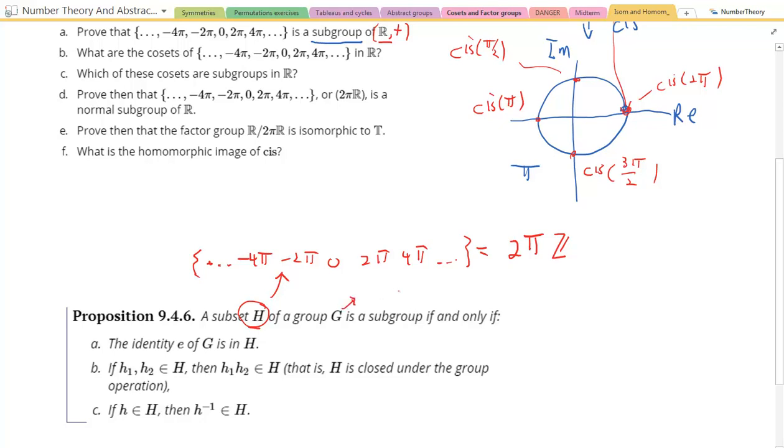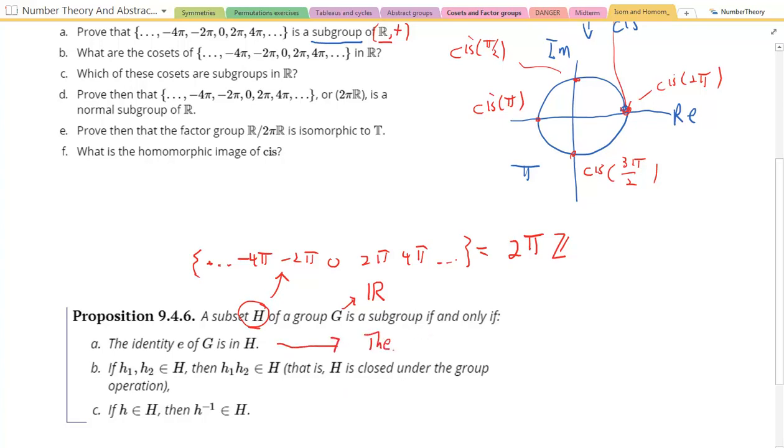This G refers to all real numbers, because we're looking at the subset here as a subset of real numbers. So you have to prove these three things. The identity of G is in H, the subset is closed under the operation, and the subset is closed under inverse.